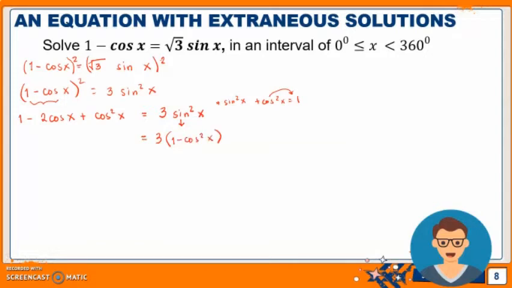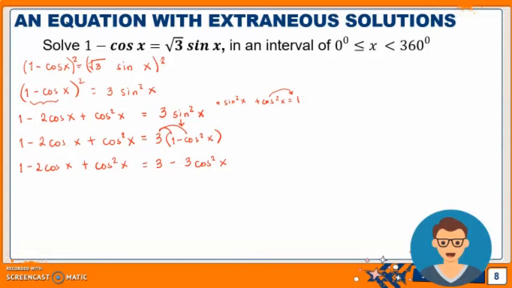And then we'll just copy 1 minus 2 cosine x plus cosine squared x, and distribute the 3, multiplying both terms by 3. So that is 3 minus 3 cosine squared x, equal to 1 minus 2 cosine x plus cosine squared x.